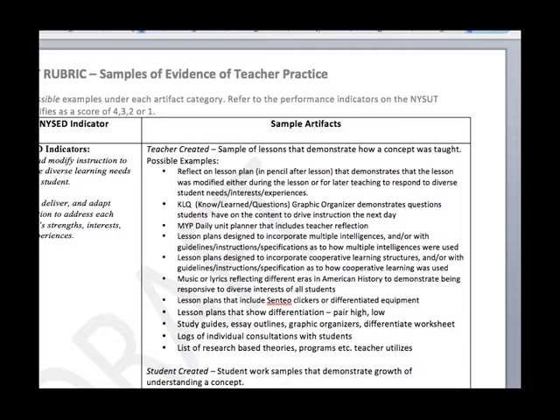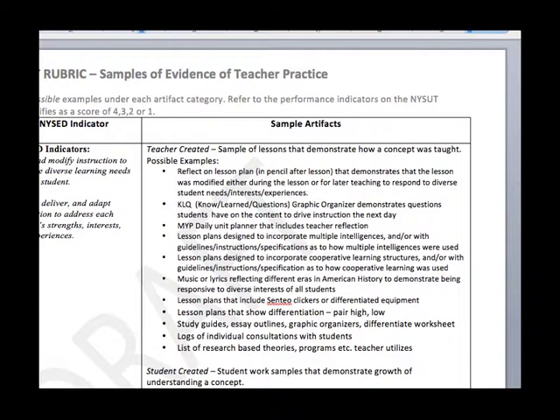Here you will see a list of some potential examples of evidence that could be held up against 1.3. These are examples. It is not expected for staff to submit examples of all of these. Rather, look at your evidence of your ongoing practice, and then read 1.3. In other words, how does your instruction address the diverse learning needs of students?